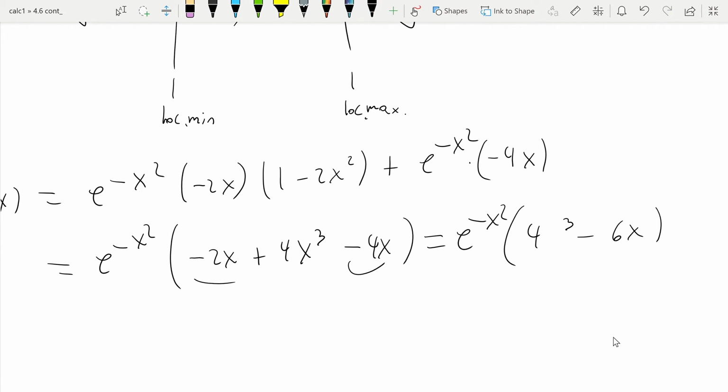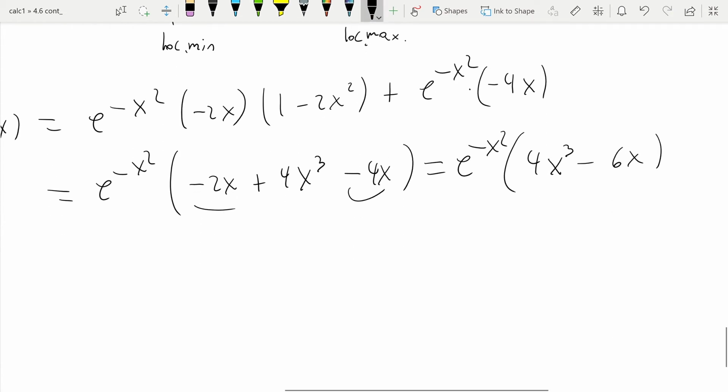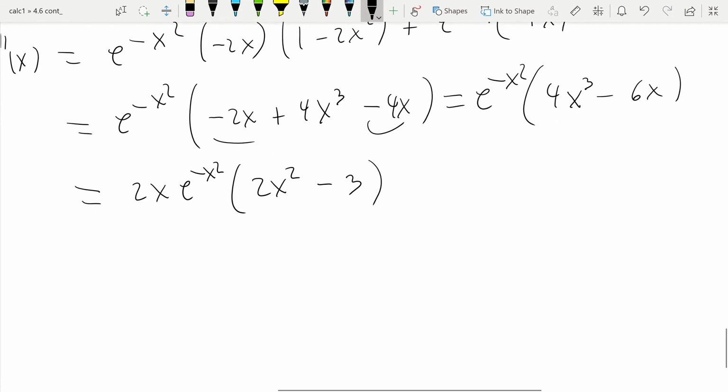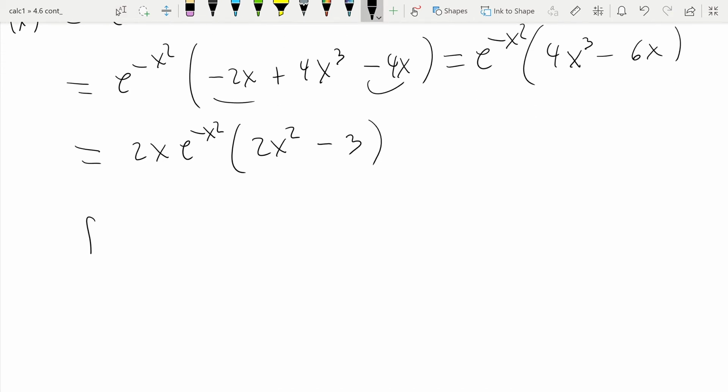Well, we notice that there's a common factor of 2x. So we bring it outside to get 2x e to the minus x squared times 2x squared minus 3. Simply factoring out 2x. So when is this equal to 0? What are the potential inflection points?